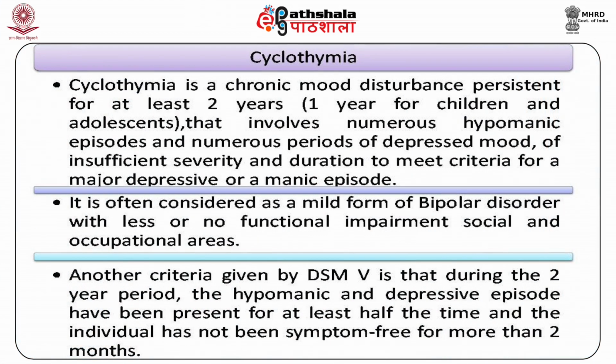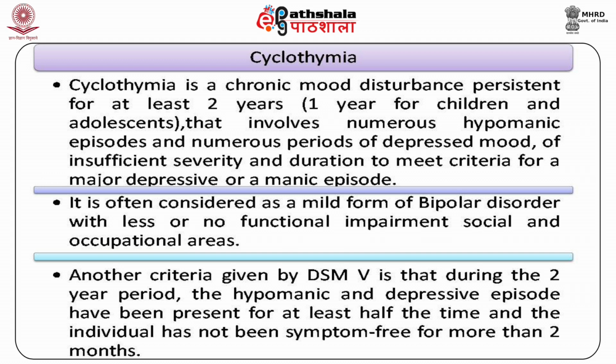Then we have another category named cyclothymia. Cyclothymia is a chronic mood disturbance persistent for at least 2 years, though the criteria say 1 year for children and adolescents. That involves numerous hypomanic episodes and numerous periods of depressed mood of insufficient severity and duration to meet criteria for major depressive or major manic episode.